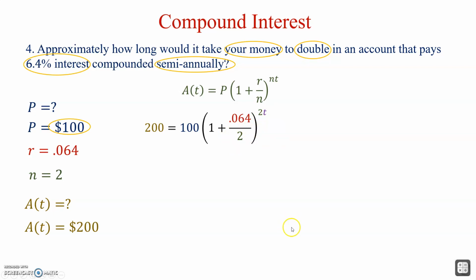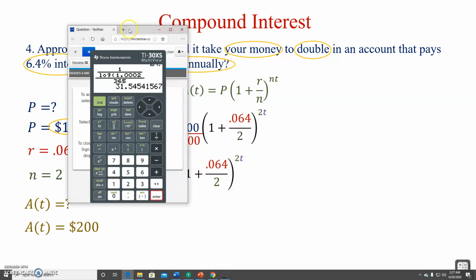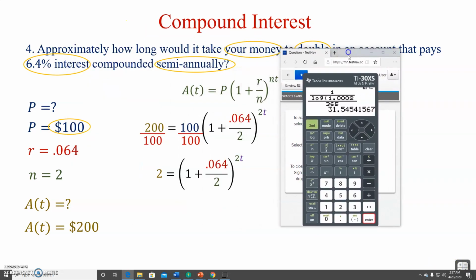So just like the previous problem, we're trying to get t by itself. Let's start removing numbers. Divide both sides by 100. We get 2. I'm going to simplify what's inside here and see what we get. 1 plus 0.064 over 2.